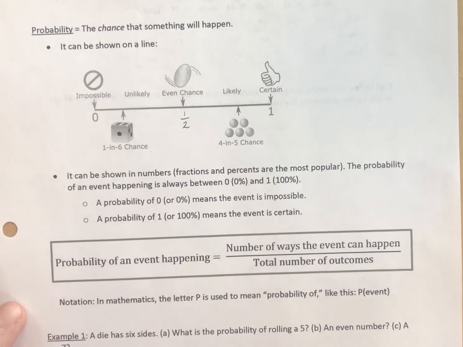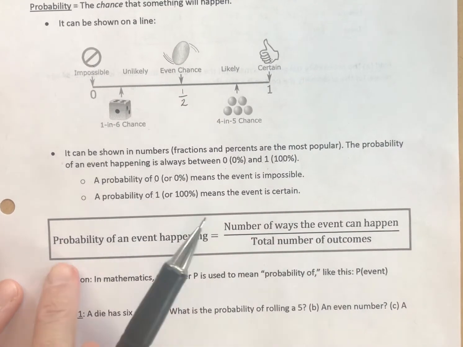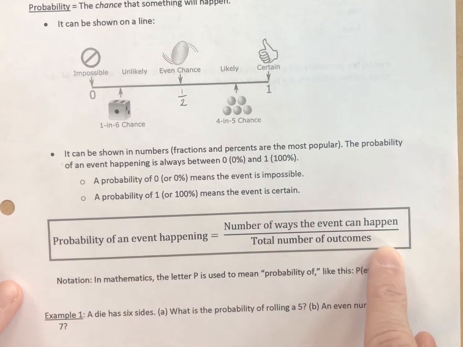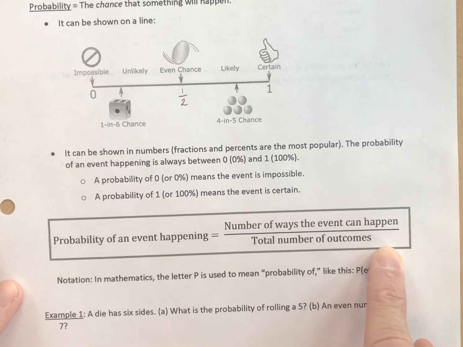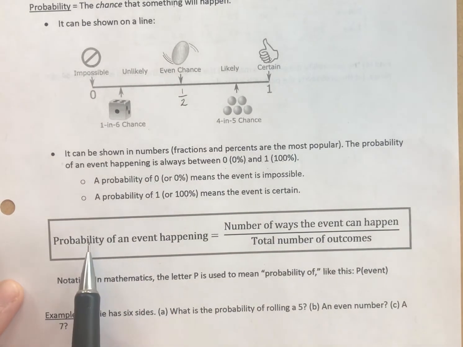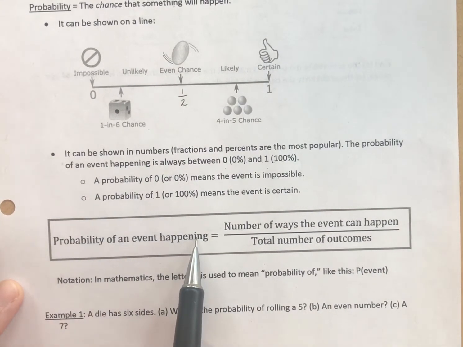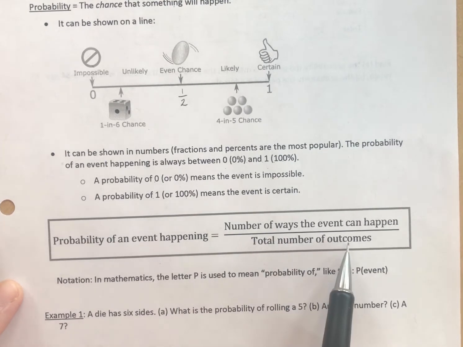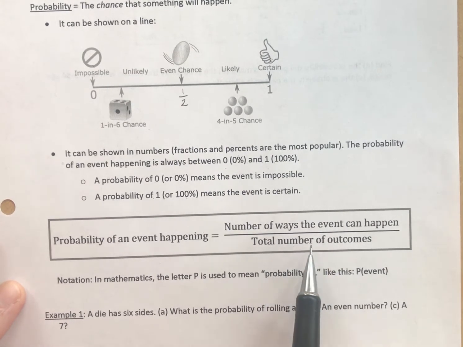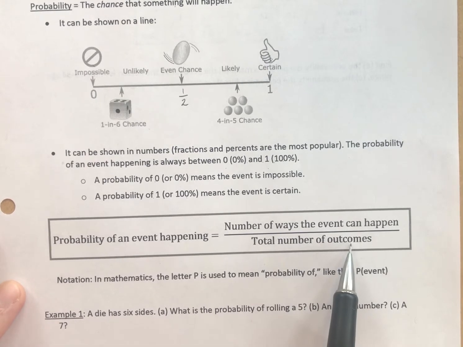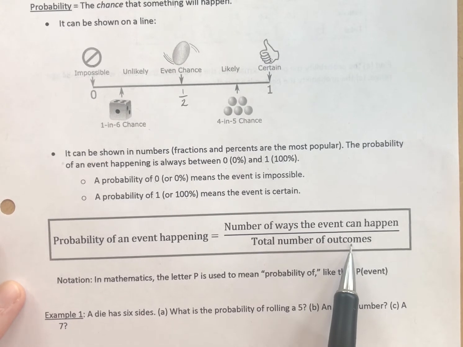Okay, so here is the base calculation or base fraction for probability, the probability of an event happening. The denominator we talked about in the previous video with the fundamental counting principle. If you don't know or you have to calculate the total number of outcomes, you use the fundamental counting principle.